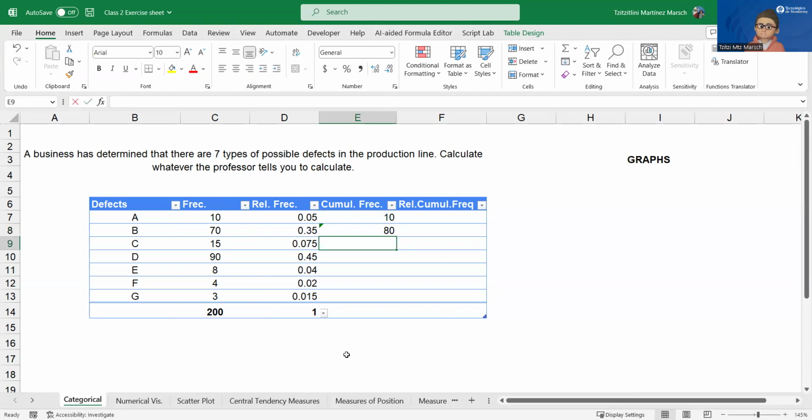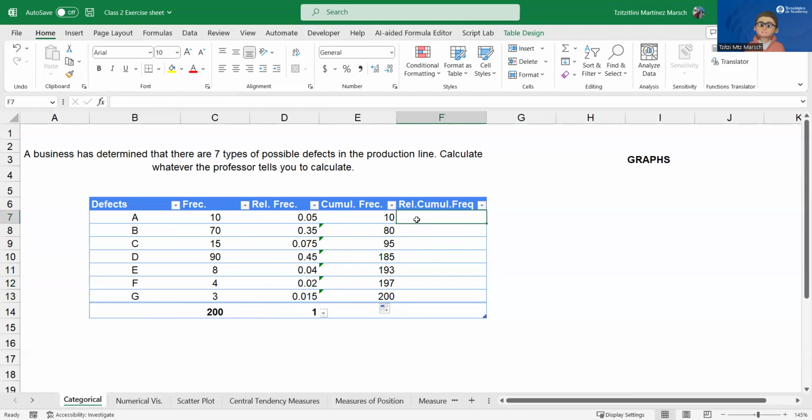Okay, and the same thing, since we're looking at the cumulative frequency of C, it's what we have accumulated before C. That means the 70 plus the 10 of defect A and B, which in this case is this 80, plus our frequency of C. And we can do that onward. And if we pull down our formula, the very last number, since it's the accumulation, we should have the sum, these 200. And so we do have this 200 right there, and we know it's correct.